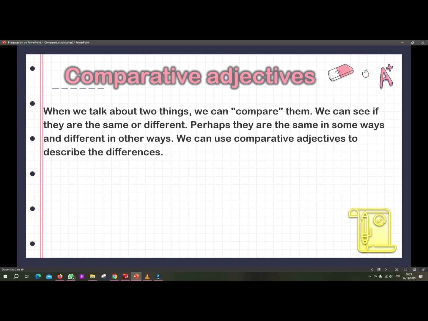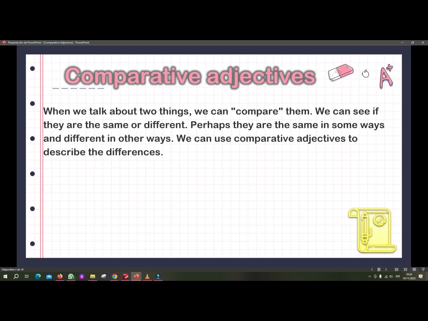Vamos a utilizar los adjetivos comparativos cuando hablamos de dos cosas y nosotros podemos compararlos. Podemos ver si estos son iguales o diferentes, ¿verdad? Quizás ellos sean similares en algunas cosas y diferentes en otras.